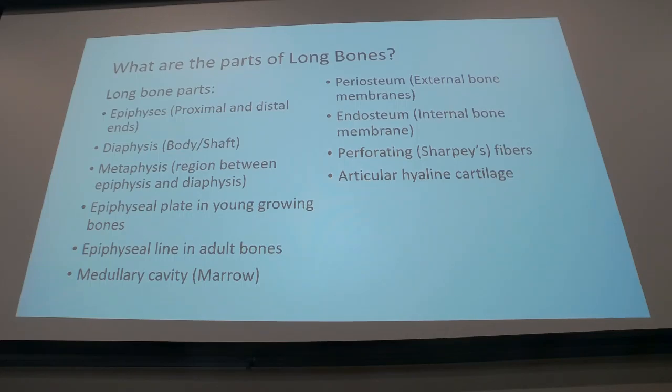So if you have more osteoblasts active here, what would happen with the marrow? You will start narrowing down. So you will have to have less osteoblast activity and more osteoclast activity.